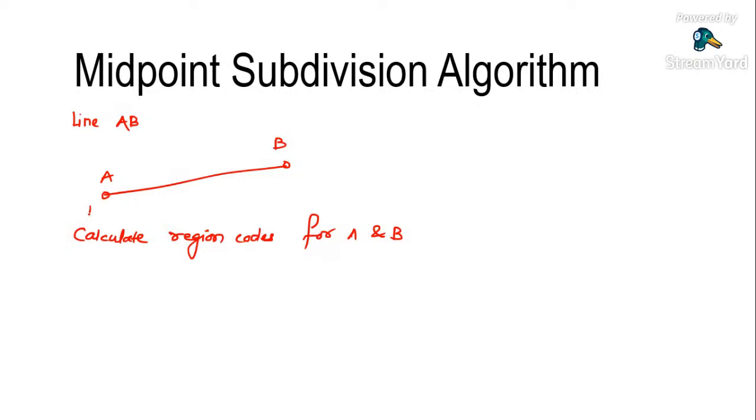For example, A is 1000 and B is 0100. Consider it is like this.